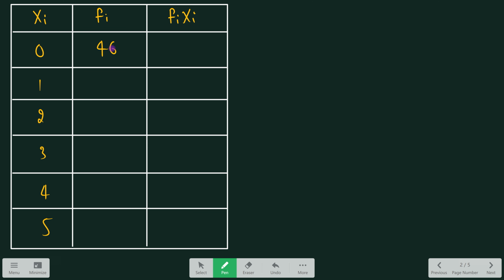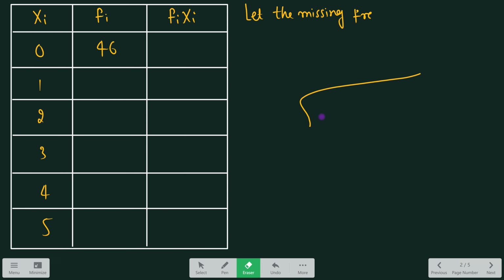Now we are going to write the missing frequencies. Let the missing frequencies be F1 and F2.